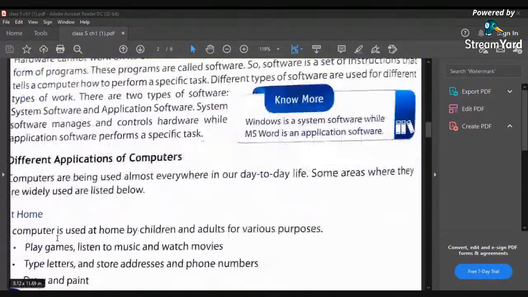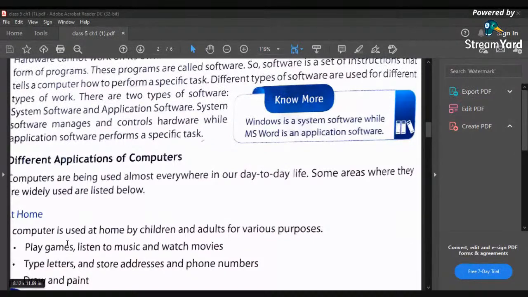Next, the different applications of computers. Computers are used almost everywhere in our day-to-day life. Students, you can see computers everywhere.